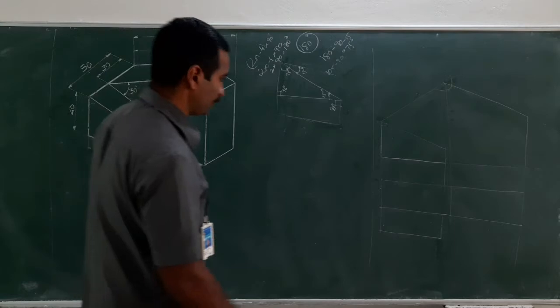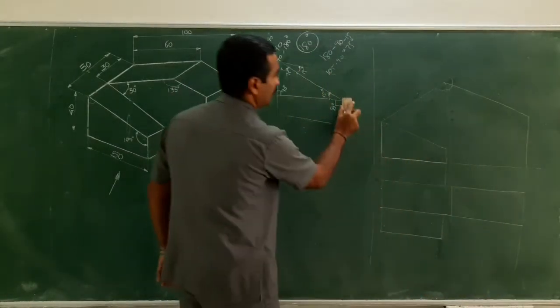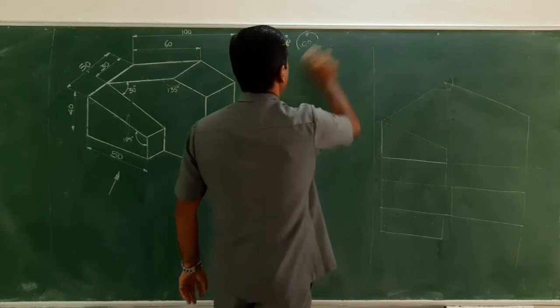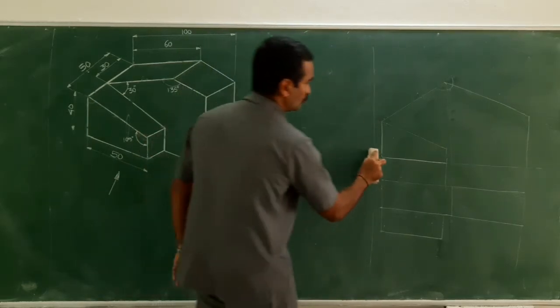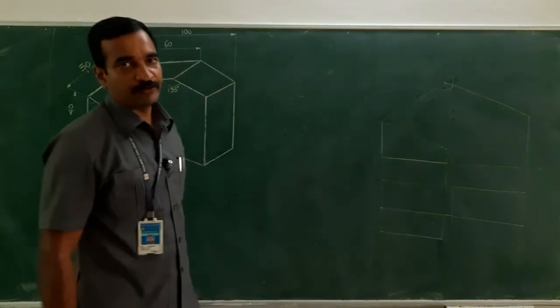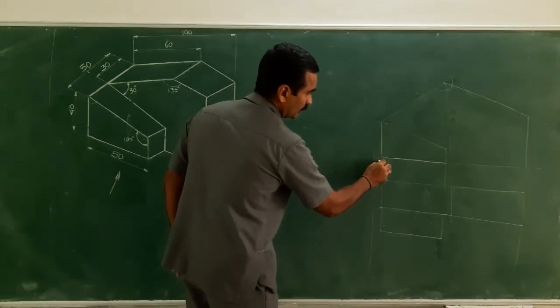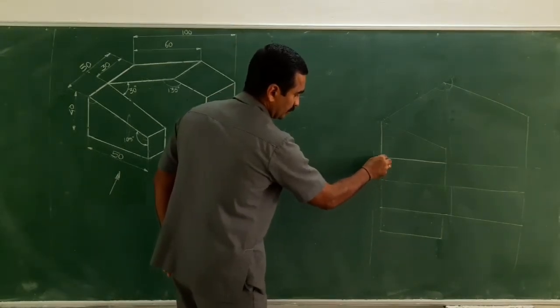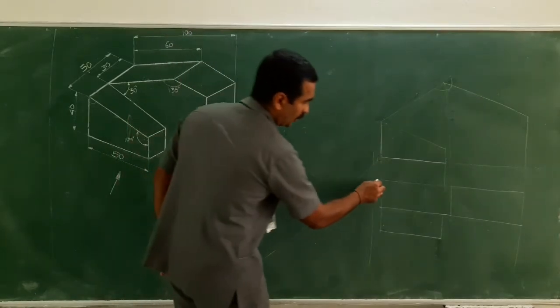Right. Now I need to draw the side view. Now I need to draw the right side view of this object. What do I have to do now? As it is an orthographic diagram, I'll have to draw a 45 degree line. So approximately just extend it. Now extend all the portions.